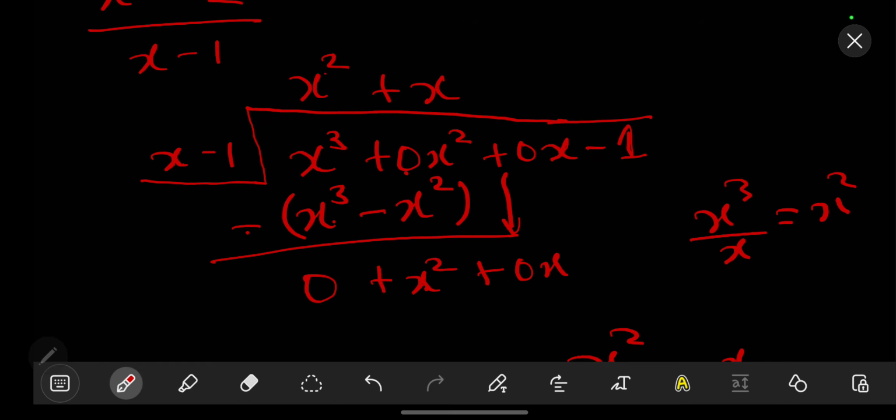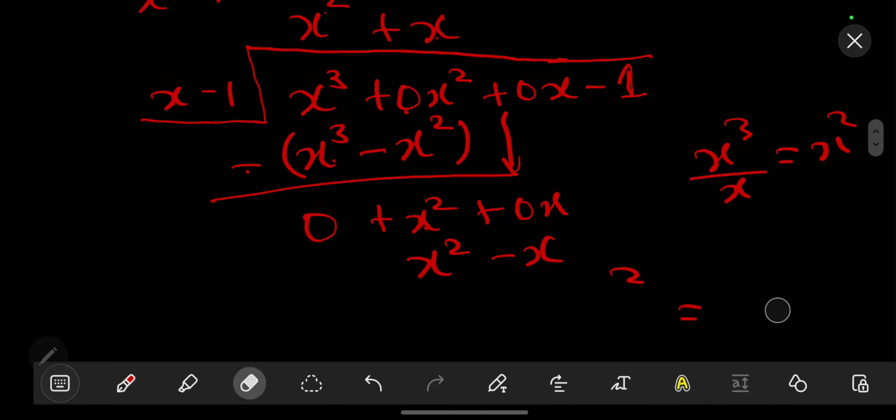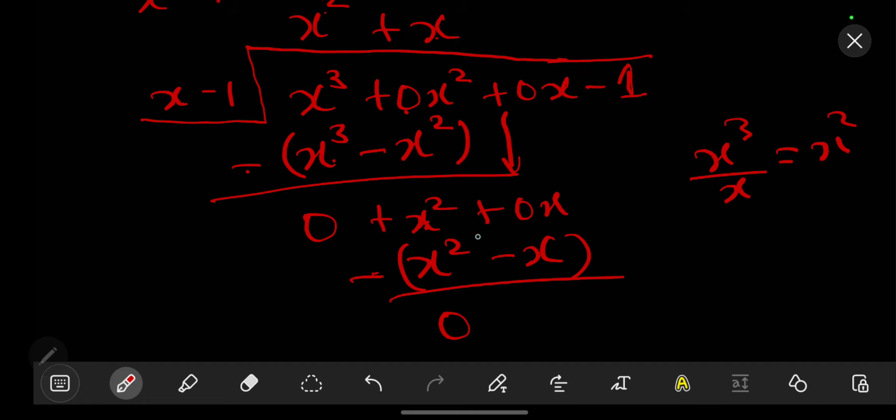So x times x will give us x squared. x times -1 will give us negative x. Then from there, subtract again. So subtracting this, put them in brackets. We have x squared minus x squared, this will give us a 0. 0 minus a negative, which is a positive, so we're just going to write plus x, like that. From there, drop the 1 there. We are going to get -1, like that.